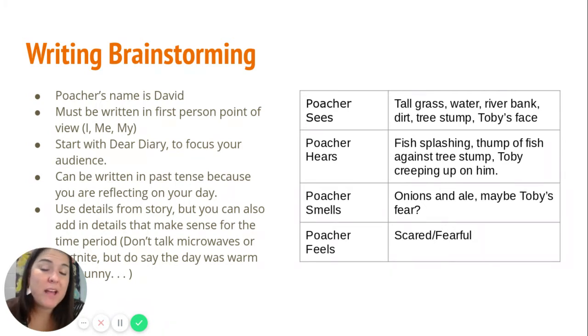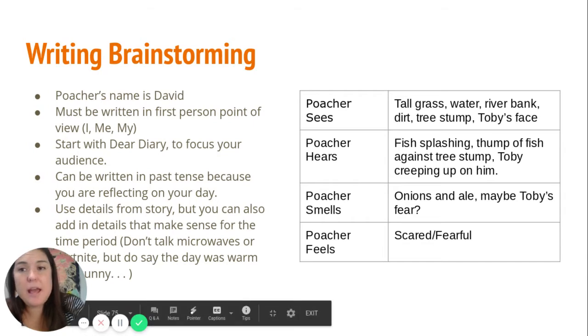But then again, maybe the fact that all he had was raw onions for the day was why he decided to go and steal that fish from the castle's moat. Maybe he even smells Toby's fear. And really, when you dig down deep and think of it from the poacher's point of view, he feels scared and fearful. That's definitely probably where he's at.